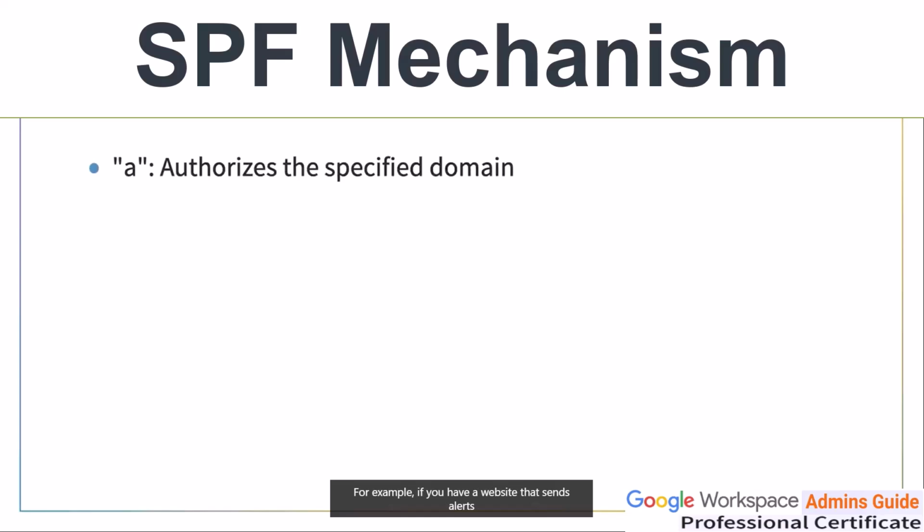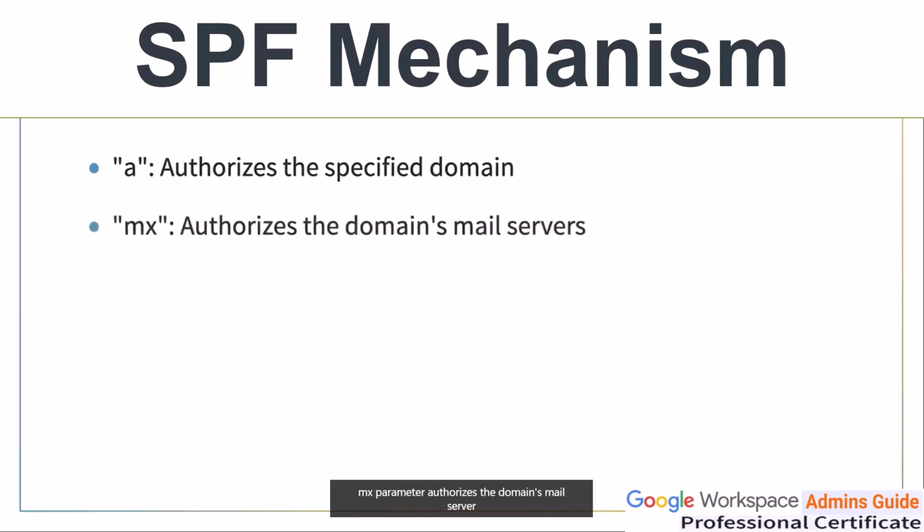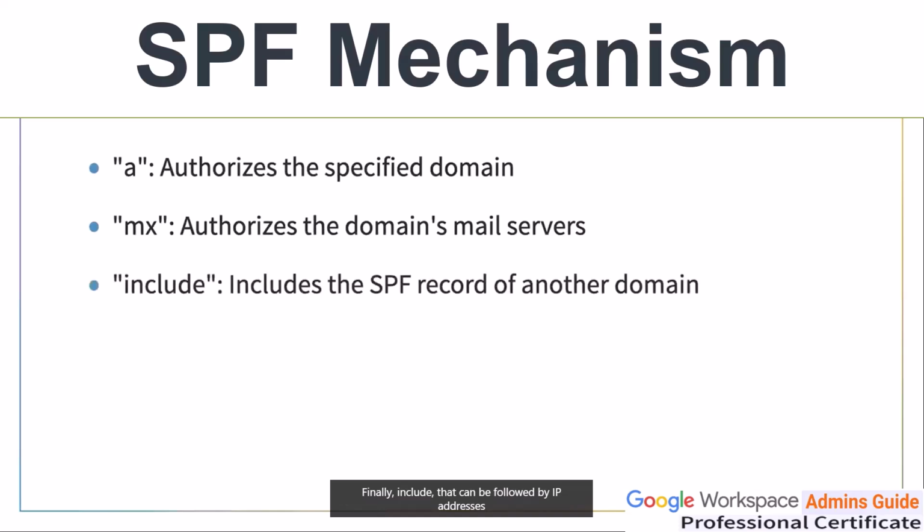For example, if you have a website that sends alerts or newsletters or something, this is a good option. The MX parameter authorizes the domain's mail server to send emails on behalf of that specific domain. Finally, include, that can be followed by IP addresses or domain names, includes SPF records of other domains.